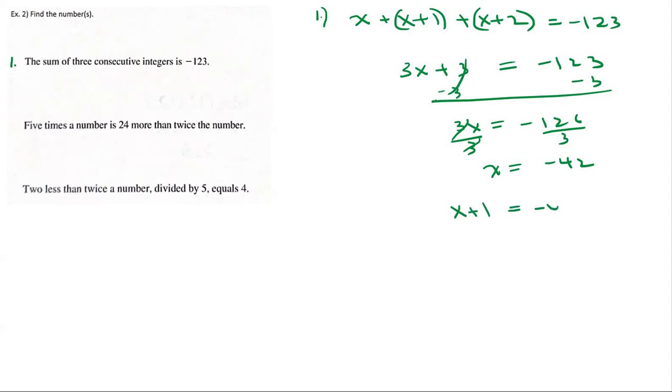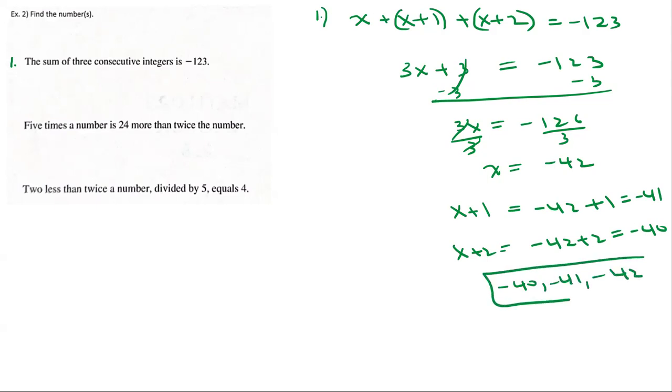That's going to be negative 42 plus 1, which is negative 41. Then we have x plus 2, that's negative 42 plus 2, which gives us negative 40. So our 3 consecutive numbers are negative 42, negative 41, and negative 40.